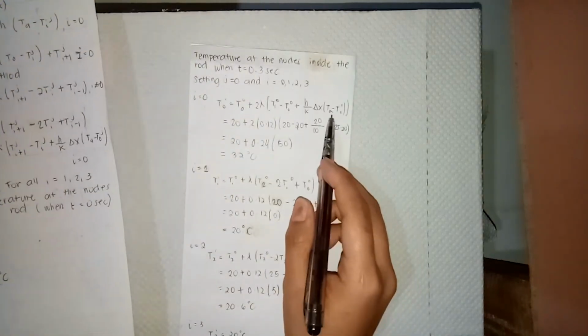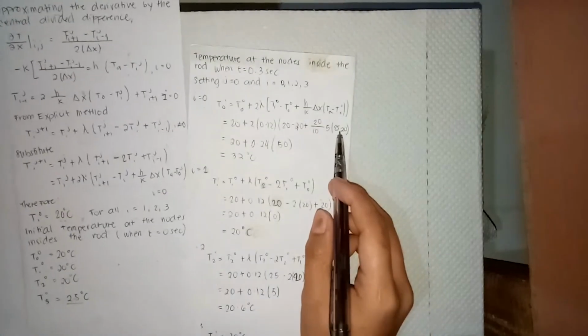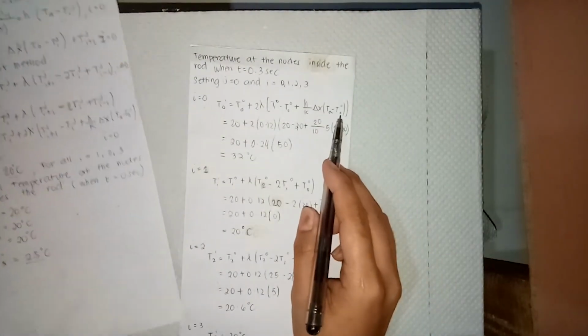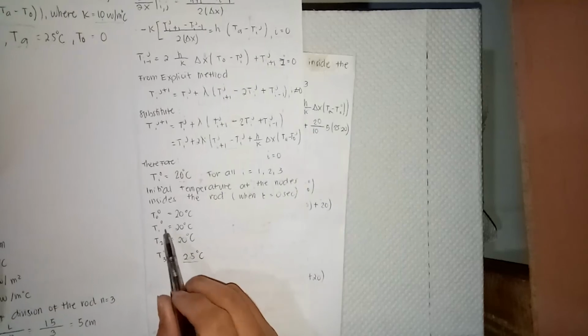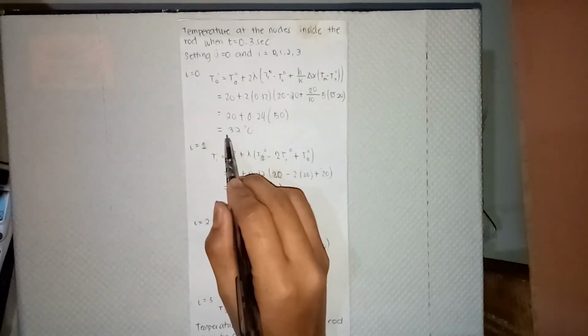Then 25 for our final temperature, and temperature 0 at node 0 is 20. So let's input in our calculator, and we will get 32.